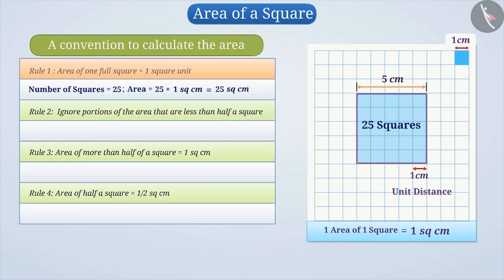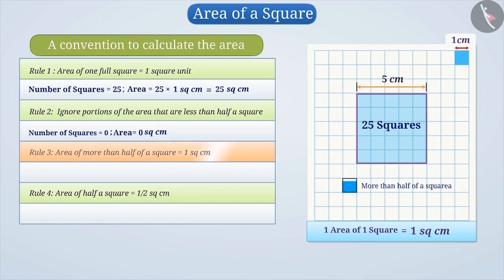Rule 2. Ignore portions of the area that are less than half a square. We notice that this figure does not have such squares. Rule 3. If more than half of a square is in a region, consider its area as 1 square centimeter.